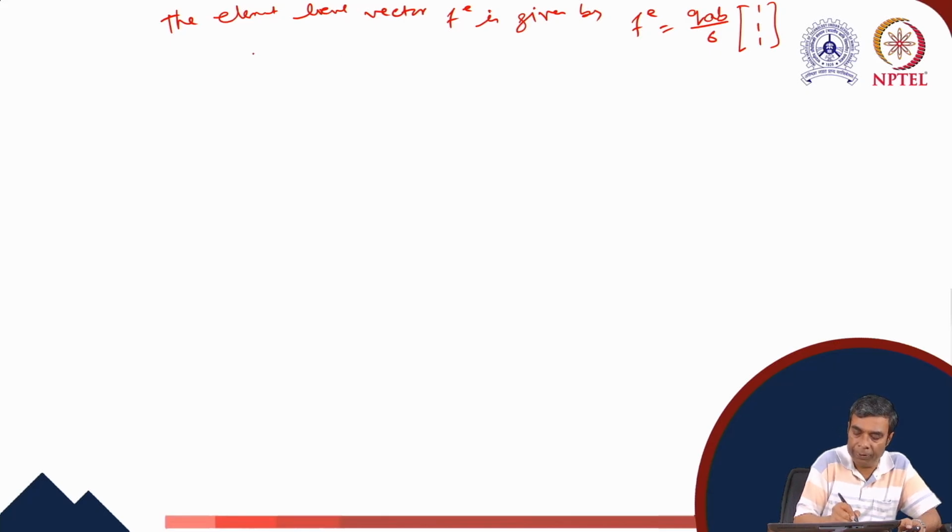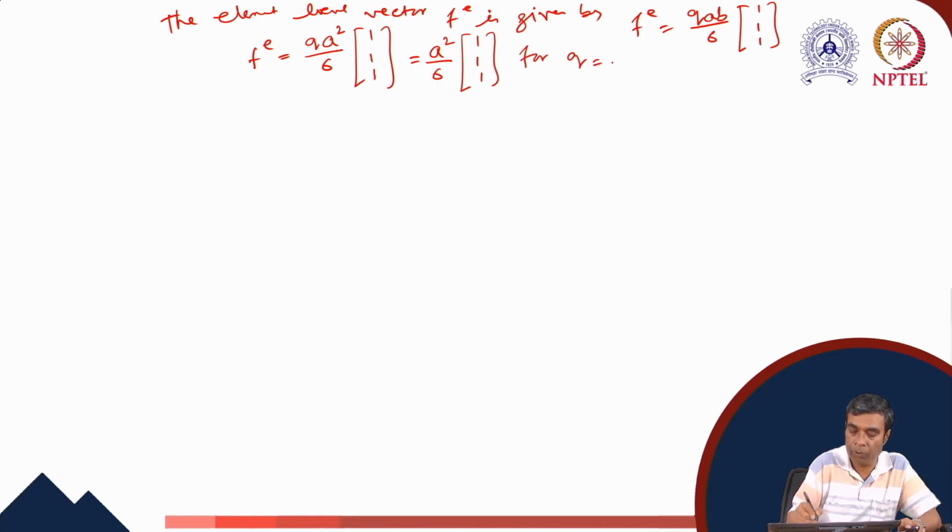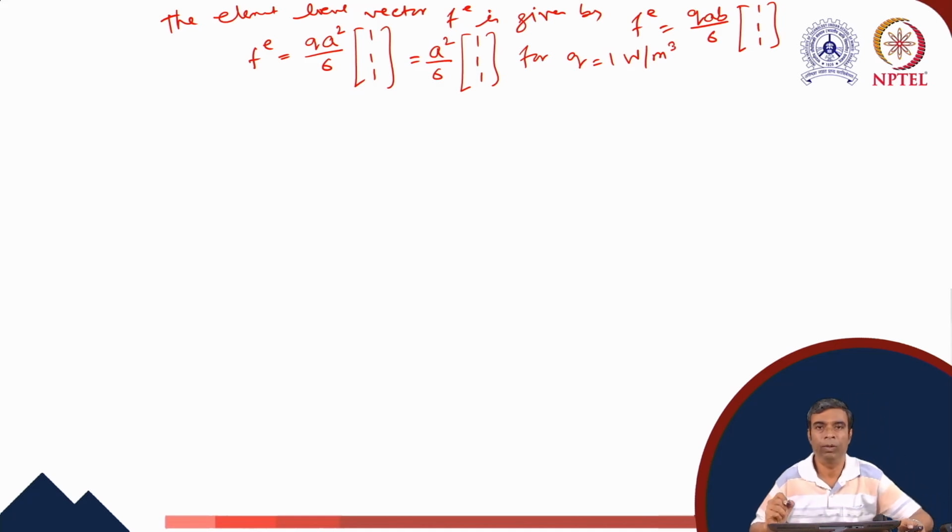So this we can write with Q equals 1 as Fe equals Q into A square by 6, 1, 1, 1 equals A square by 6, 1, 1, 1 for Q equals 1 watt per meter cube. Now we can perform the assembly.